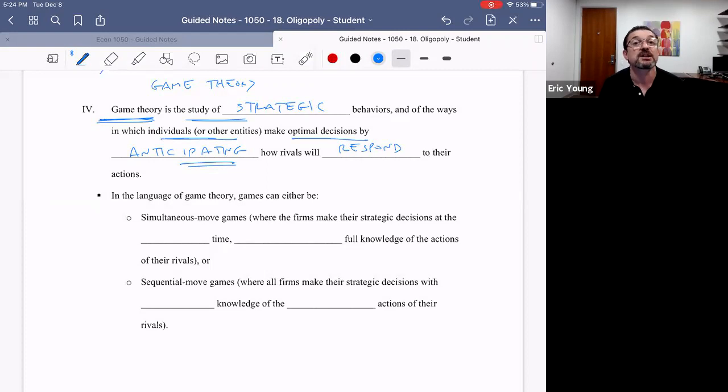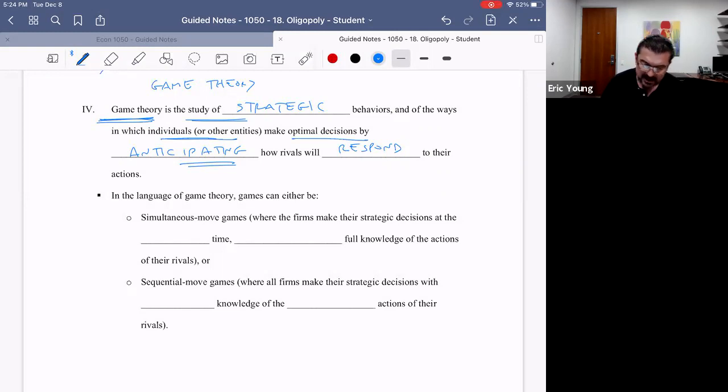Notice again that this is new. When we talked about monopoly and PC and MC, we made the decision and that was it. In none of those three models did we make the decision and then ask ourselves how it would be seen by rivals. This is the first time we're going to do it. So let's take our time and jump in, okay?